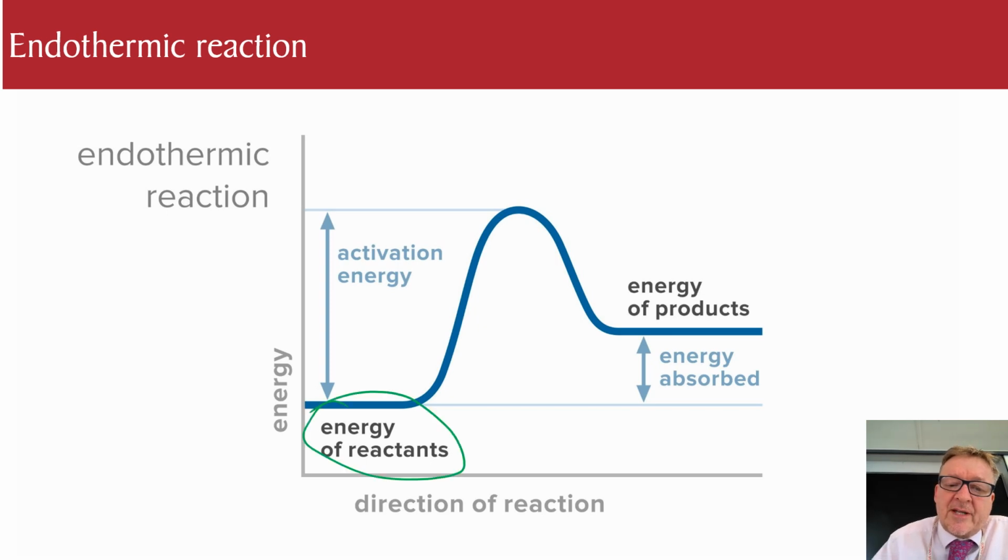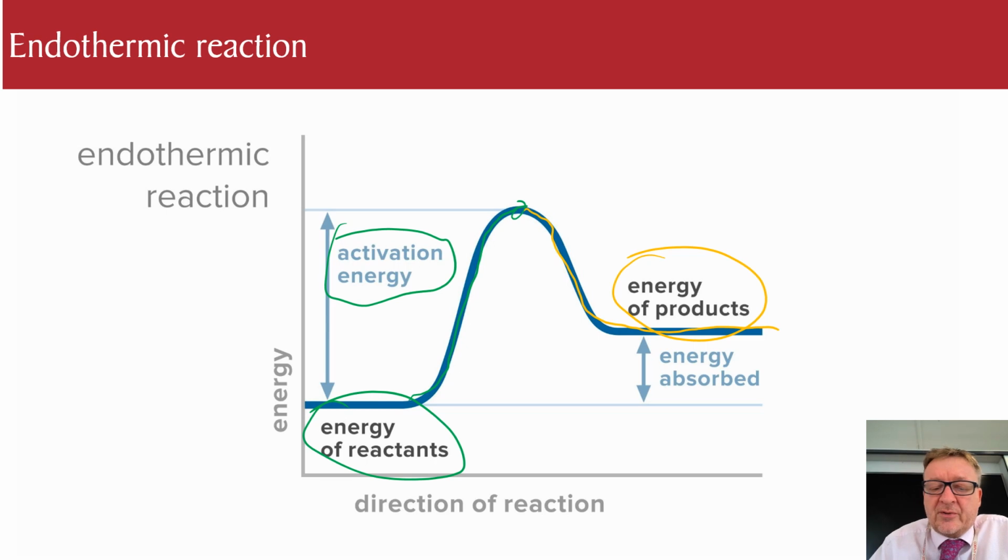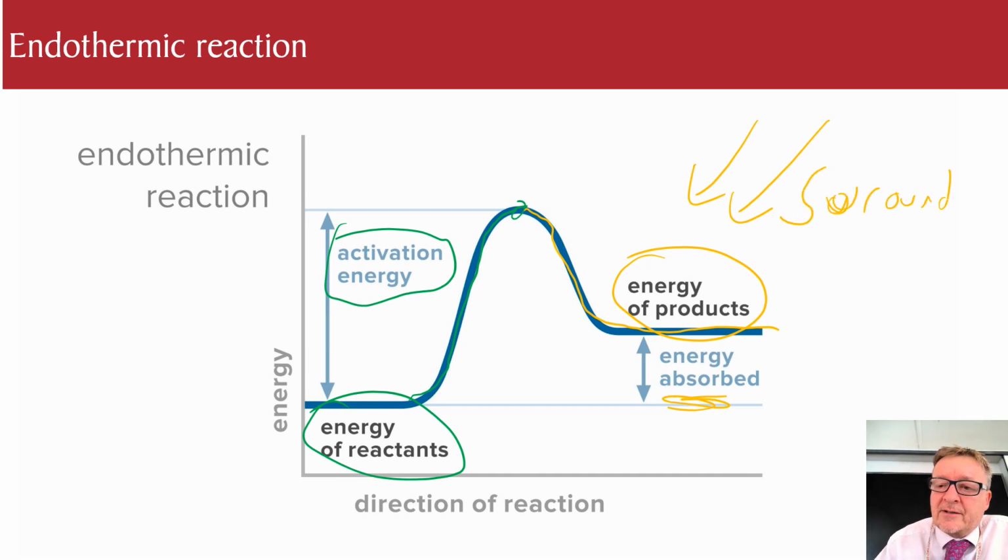You start off with the energy of the reactants, you put energy in to start it off, which is the activation energy. Then what happens is the reaction happens and we end up here. And now you'll notice that the energy of the products is higher than the energy of the reactants, which means energy has been absorbed from the surroundings.